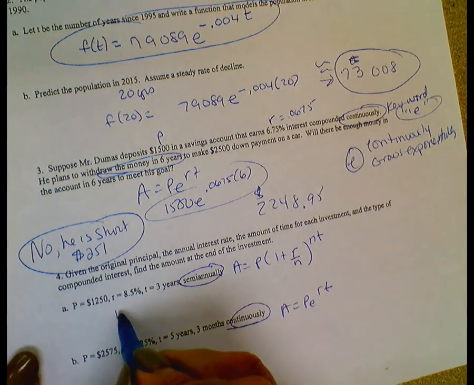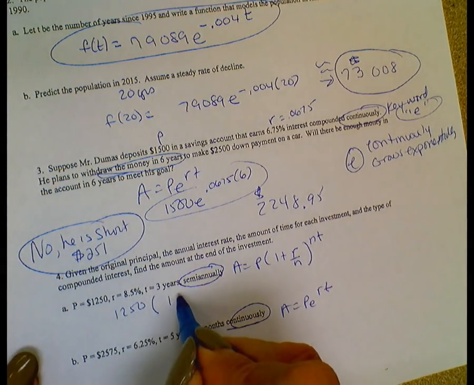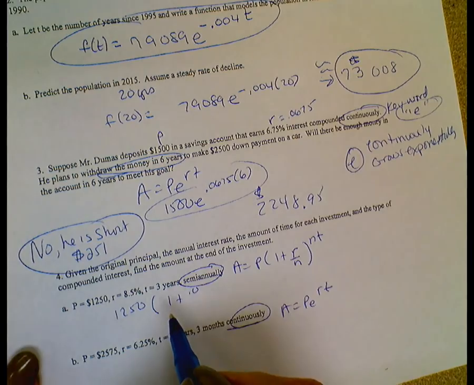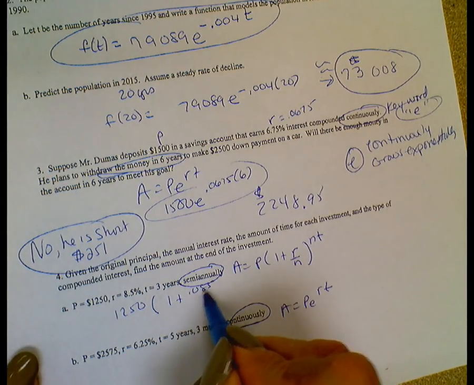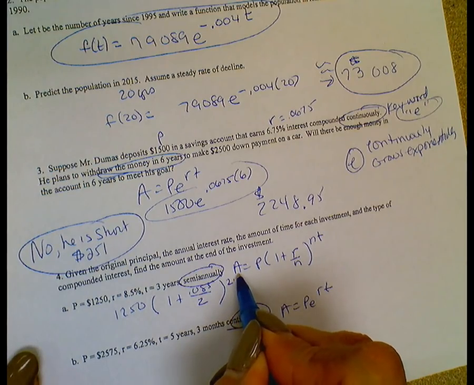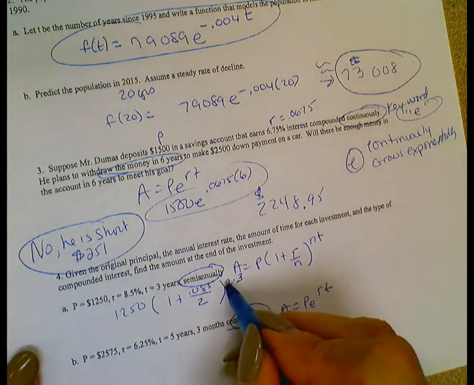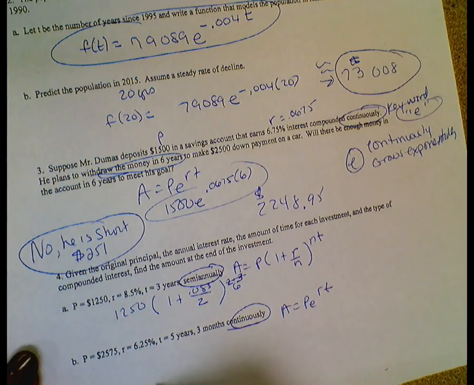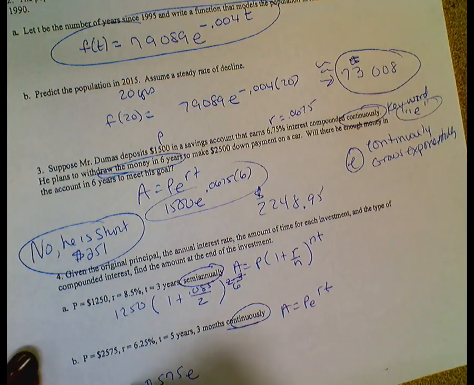So you got 1250, 1 plus 0.085. Semi-annually means twice a year. So twice a year for 3 years is really a 6. Versus 2575 E 0.0625.